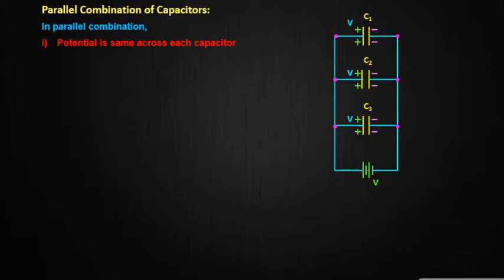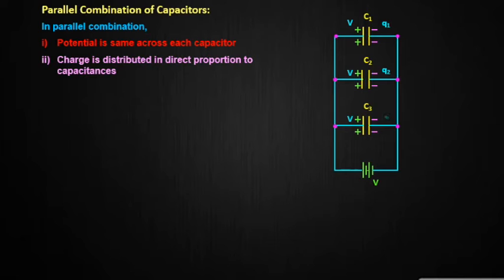Let Q be the total charge drawn from the voltage source. On reaching the terminals, it splits into Q1, Q2 and Q3. The charge is distributed in direct proportion to the capacitance.